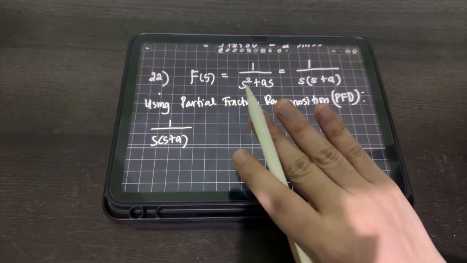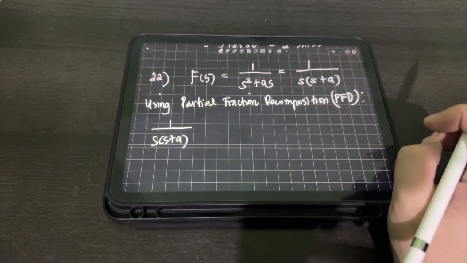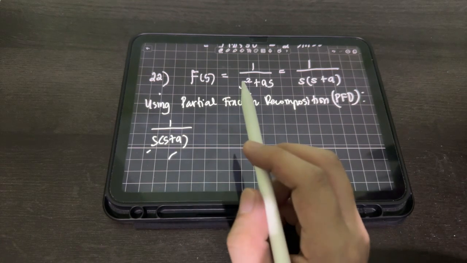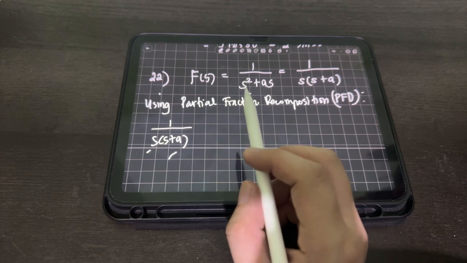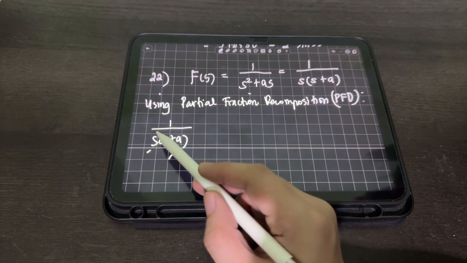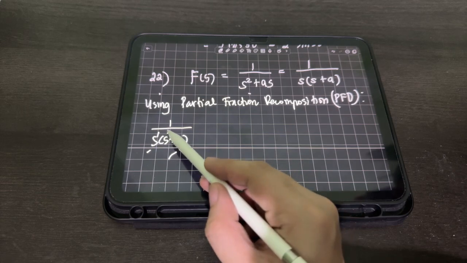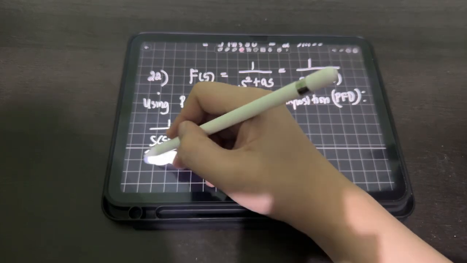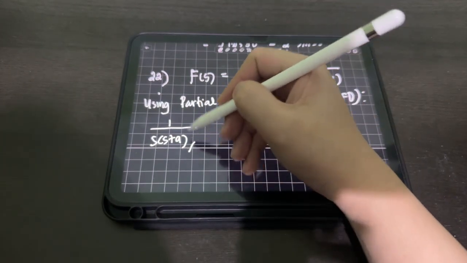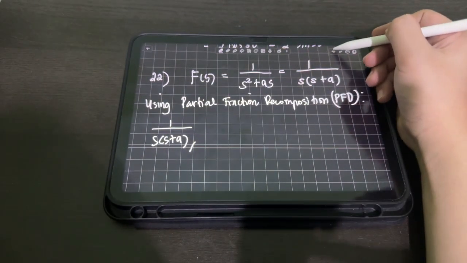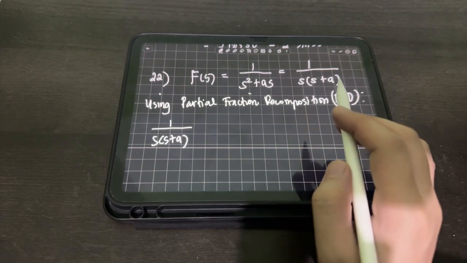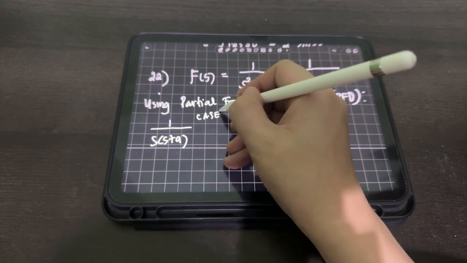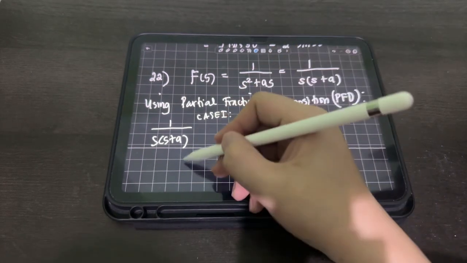Remember, we have 4 cases in partial fraction decomposition. Case 1 is when you have linear factors that are non-repeating. Okay, the highest exponent of the s here is 1, and there's no exponent or power for each linear factor that is at least 2. It should only be 1, right? So case 1, non-repeating linear factors.